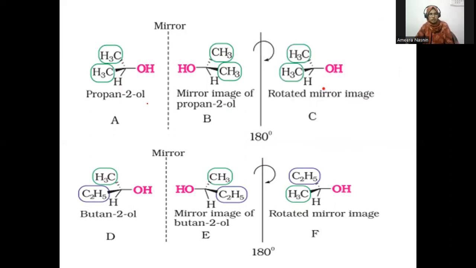Here we are given an example. Propan-2-ol is taken. If you reflect it by placing a mirror here, the OH group will come first, then this CH3 group will go to this side, this CH3 group will come here, and this hydrogen will come here, and we rotate it by 180 degrees. Then the OH will come this side, this CH3 will go to the back side, this CH3 will come to the front side, and this hydrogen will stay here.